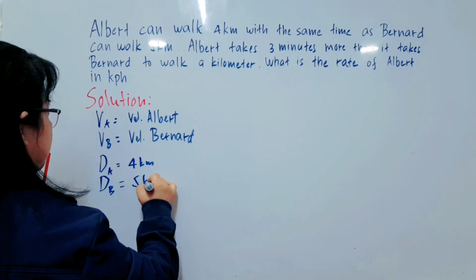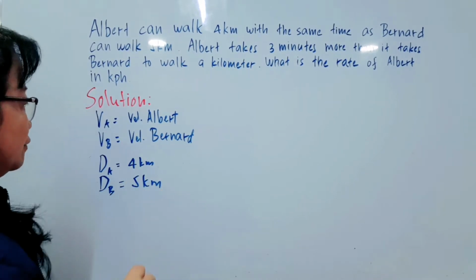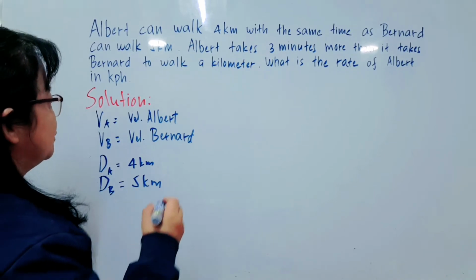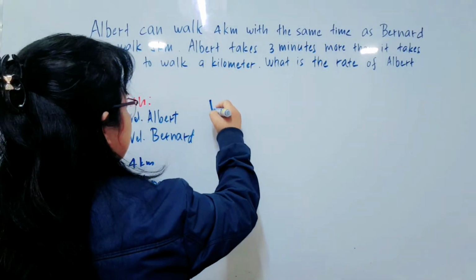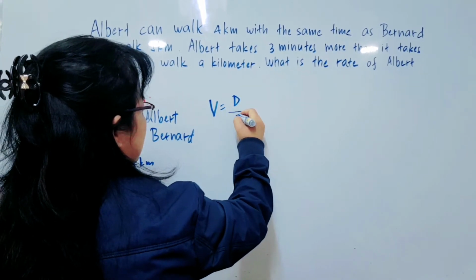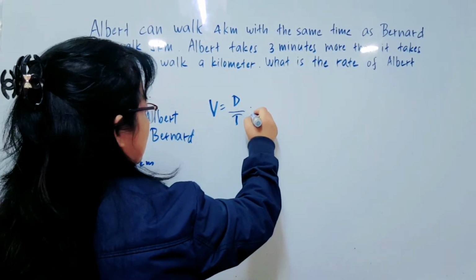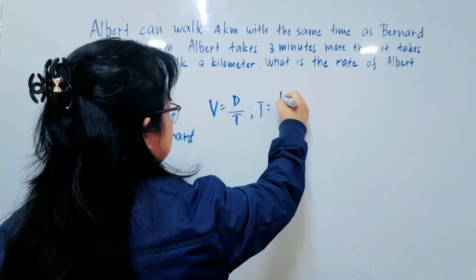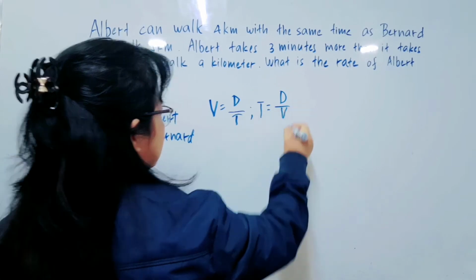is 5 kilometers. Now, to solve this one, we have to use the formula of velocity, which is equal to the distance over the time, or time is equal to distance over the velocity.